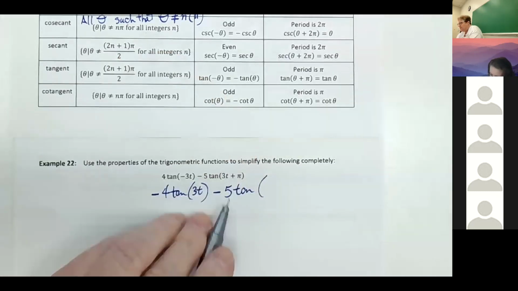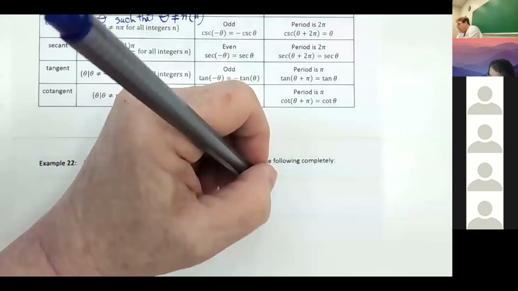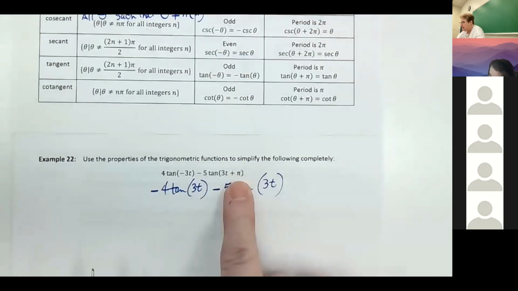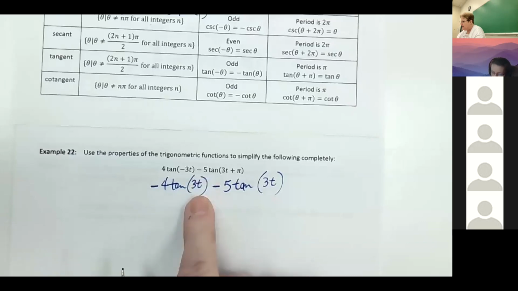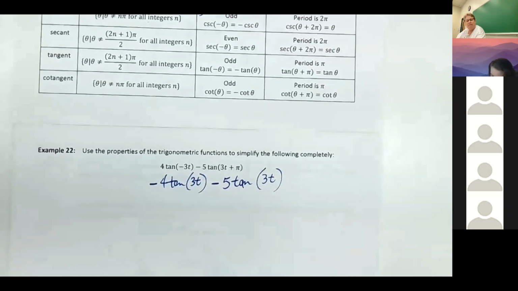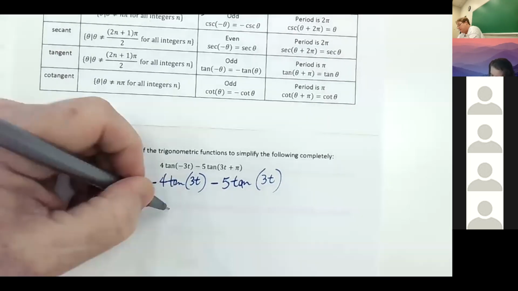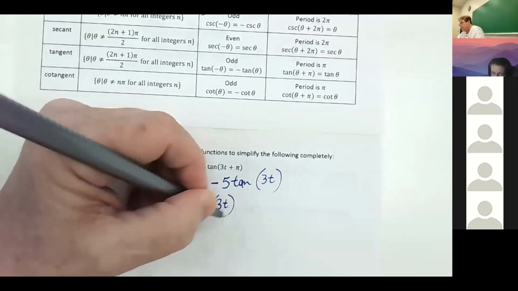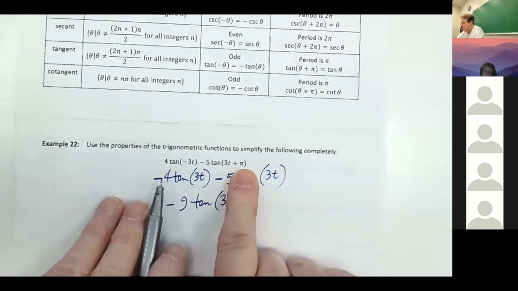No, the negative stays because we haven't changed anything about the sign, but we can take that pi out. And now we have like terms. We have tangent 3t and tangent 3t, and we can combine them. And what do we get? Good. And that was the goal, to try to combine these into one term.